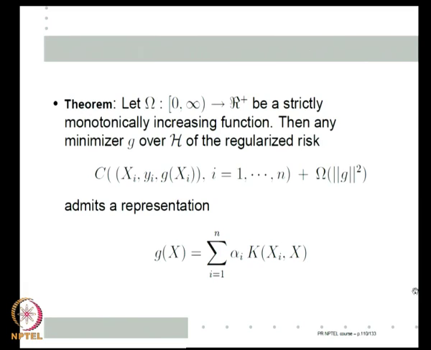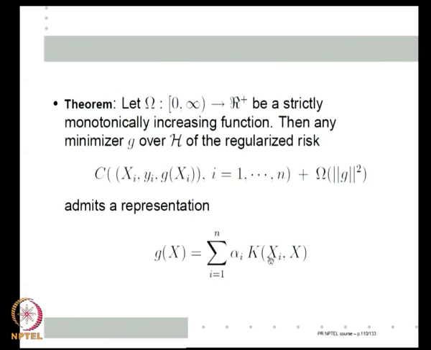Okay. So, if I am using the norm of g in H as the regularizer, not just the direct norm of g, any increasing function of the norm of g would do, then any minimizer can be represented as a linear combination of kernels centered at xi. So, g(.) is sum of alpha i k(xi, .). So, the final minimizing function can be simply written as a linear combination of kernel functions centered at data points xi.